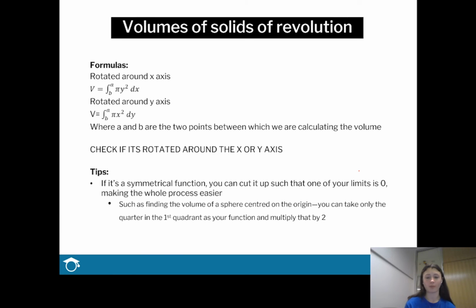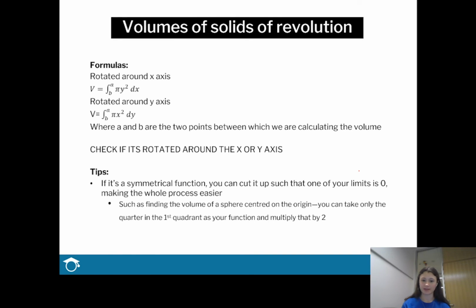Another tip for more complex questions is if it is a symmetrical relation, you can cut it up so that one of your limits is 0, which makes the whole process a lot easier.